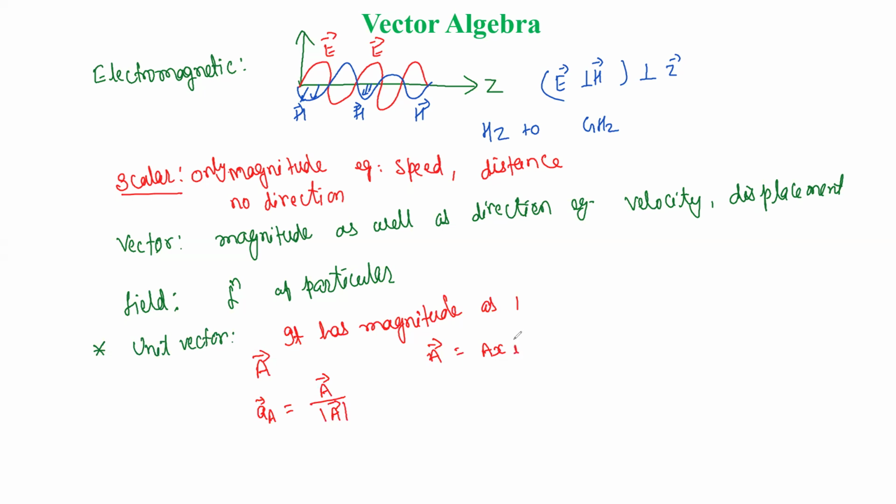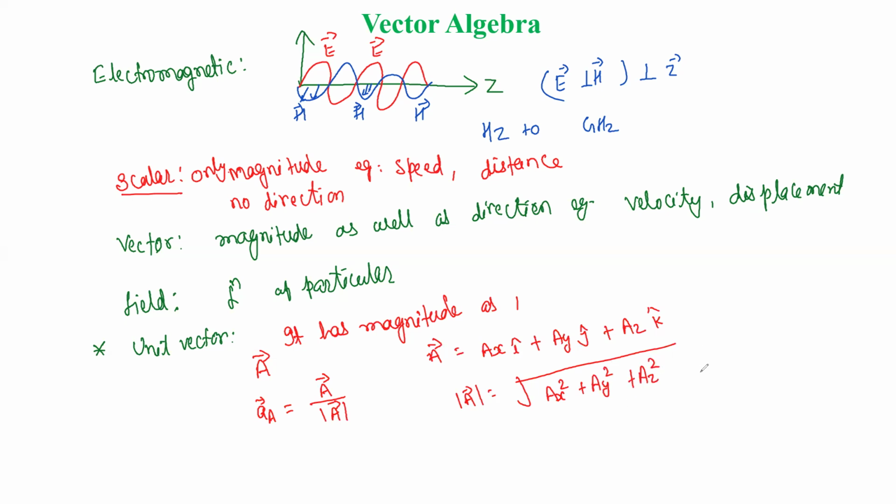This is Ax along the x direction plus Ay along the y direction plus Az along the z direction. So finally, if you try to find the magnitude, the magnitude of this will be root under Ax square plus Ay square plus Az square.